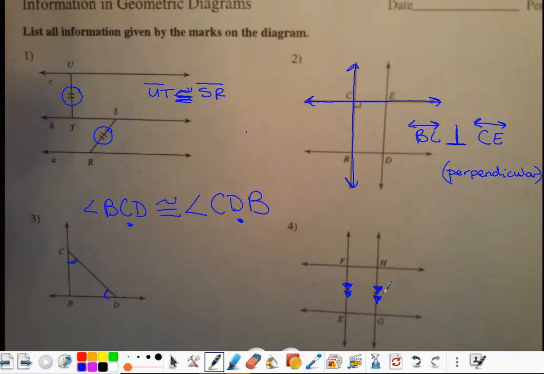They are parallel. So we would say line HG is parallel to line FE. They're just two lines, like a set of railroad tracks. Yeah, a sideways equal sign, that works.